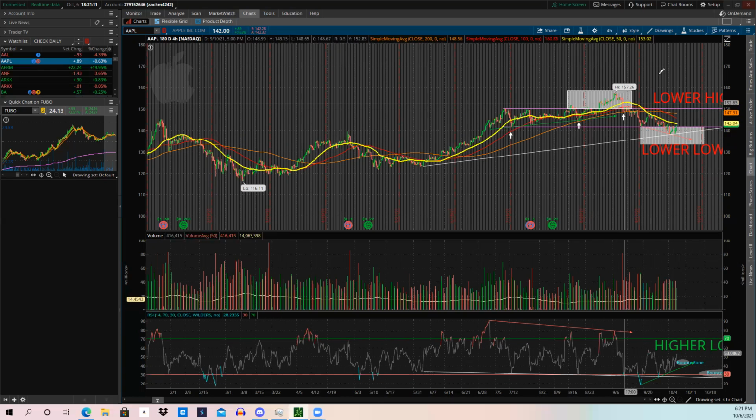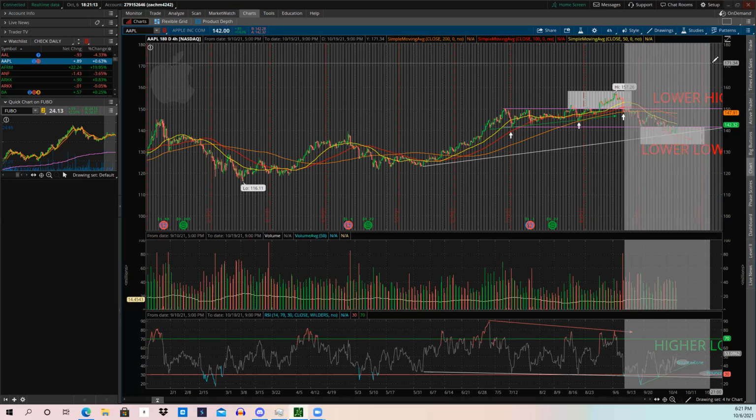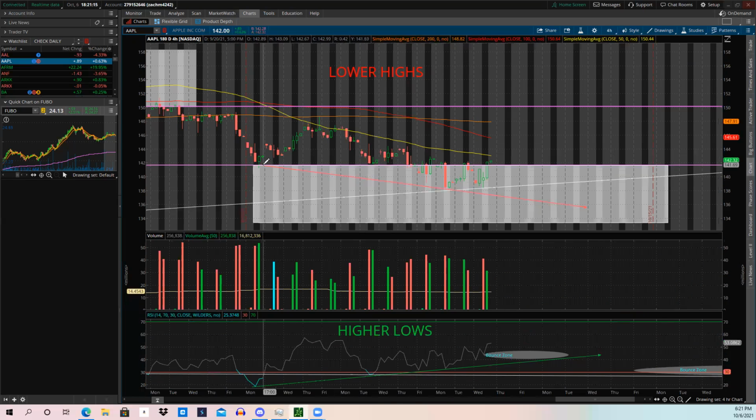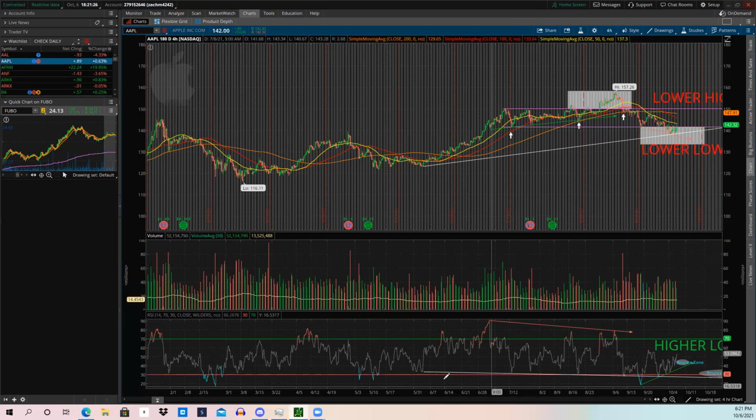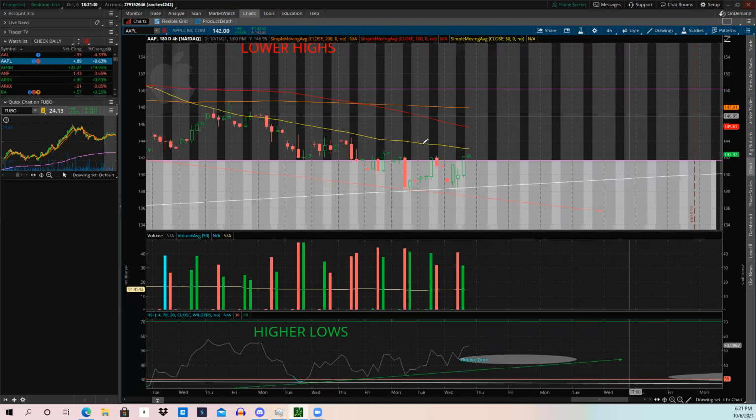And we'll go even closer, all right, on an even more recent, we have this red bearish trend line right here, and then we have a green bullish trend line right here, okay? So not only do we have long-term hidden bullish divergence on the 180-day 4-hour chart, but we also have near-term bullish divergence on the 4-hour chart.